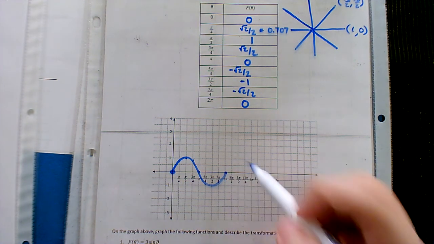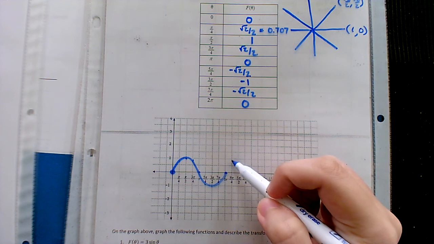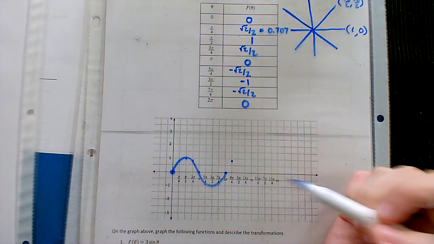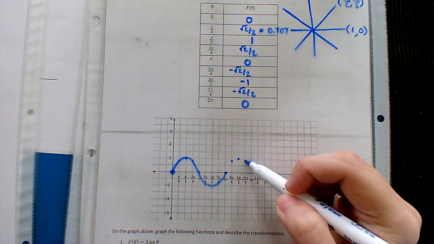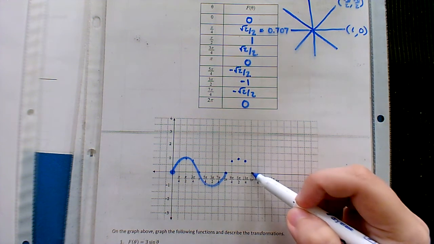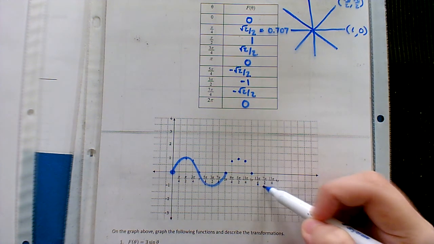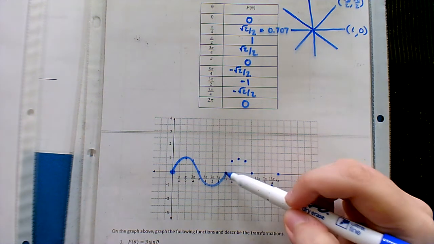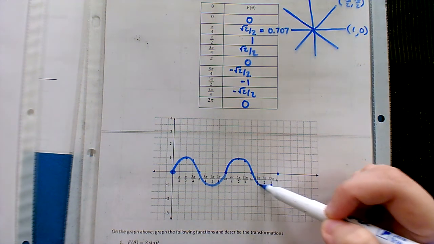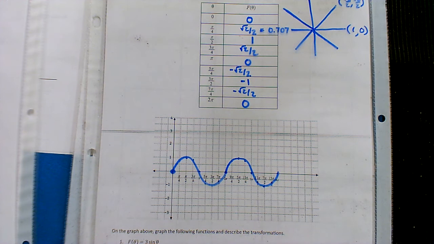So if we were to repeat the process, at 9 pi over 4, we'd be a little bit less than 1. 5 pi over 2, we would be 1. A little less than 1. Then 0. And do the same thing underneath the x-axis. So we're just going to draw in another cycle, another wave.